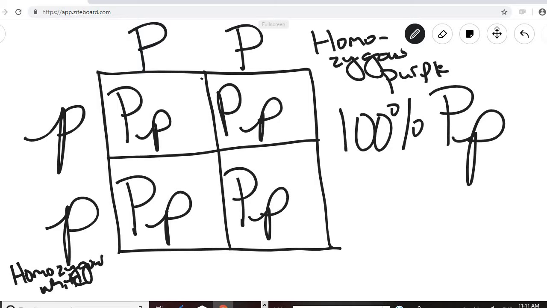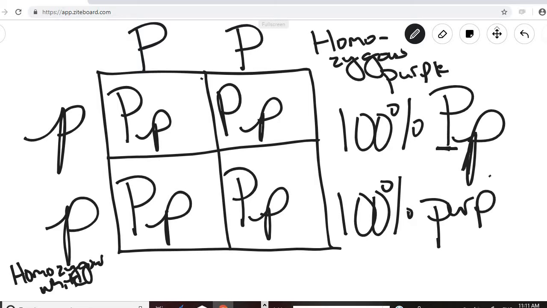Now remember we said that purple is dominant, and for a dominant trait, all you have to have is one of those in your genotype, and that trait will be expressed. So this says that 100% of the offspring would be purple, and 100% of the genotypes would look like that. So that's how we do Punnett squares.